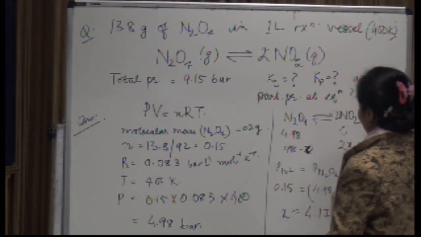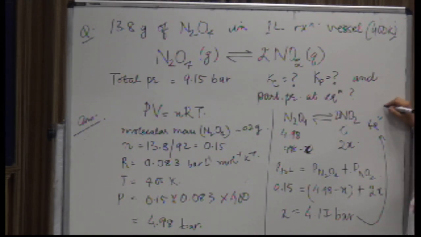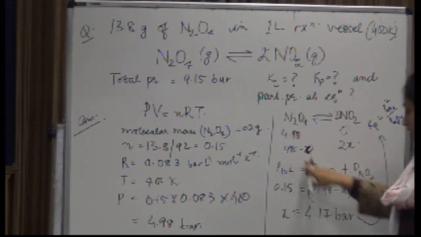Once you have found x, you can easily calculate your Kp. What will be your Kp? It will be the pressure of NO2 whole square upon the pressure of N2O4. The pressure of NO2 whole square will be 2x whole square, upon 4.98 minus x.